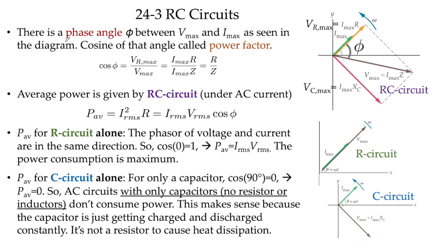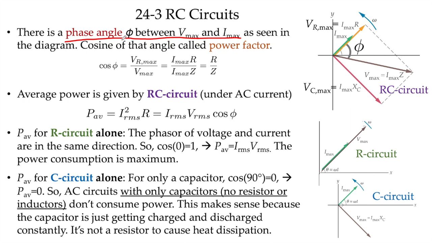So there is this concept called the phase angle between the Vmax and Imax. Now here, phi is not the phase angle between the current and the voltage. That's 90 degrees in RC circuits, but this is something else.